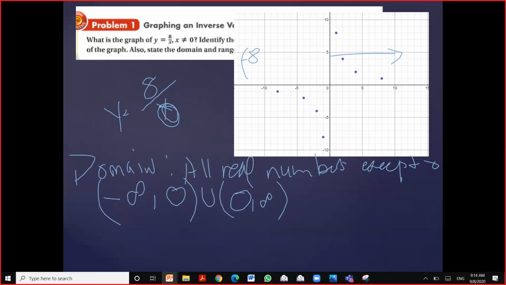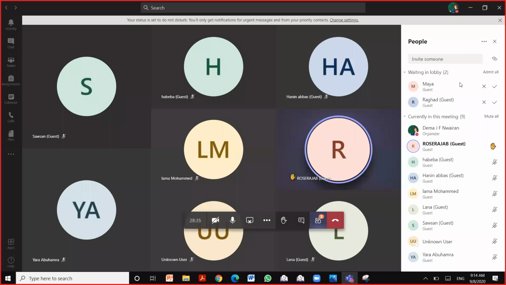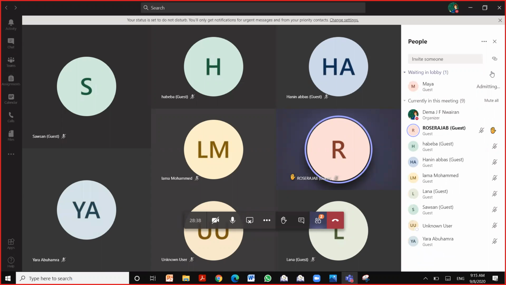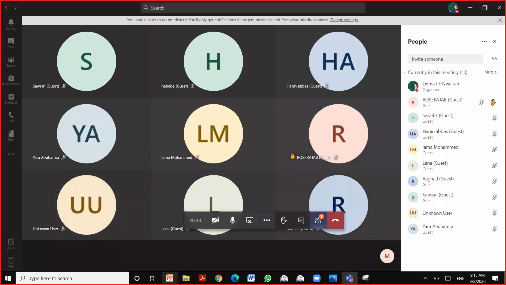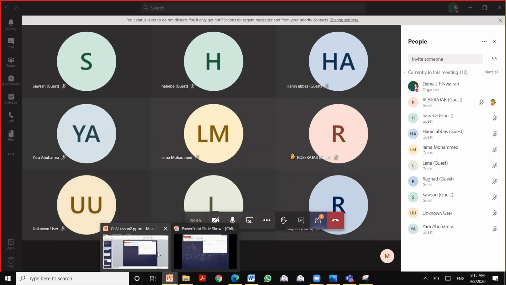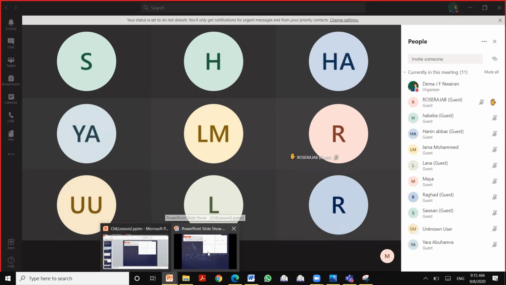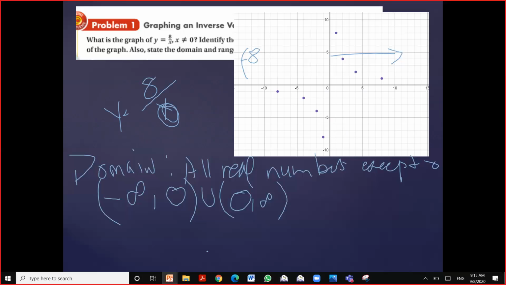Now, okay, so now I will rewrite it as from -infinity to 0 and from 0 to infinity.